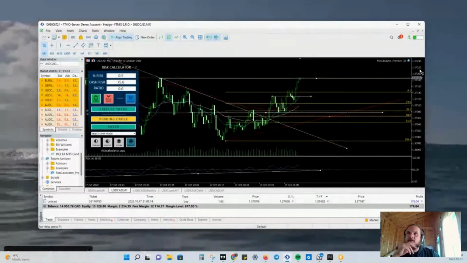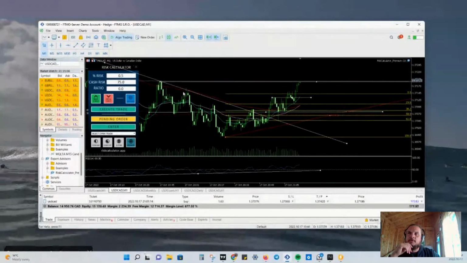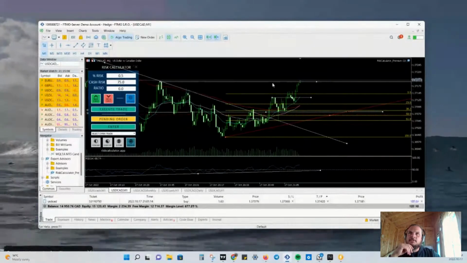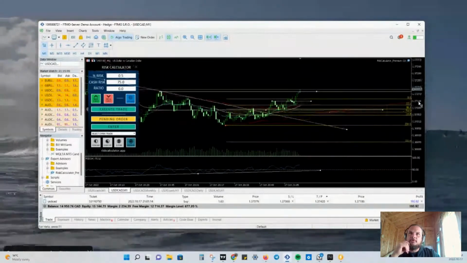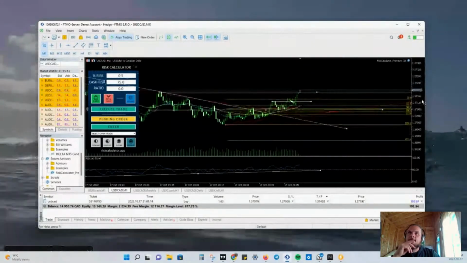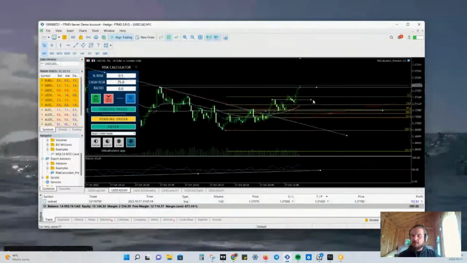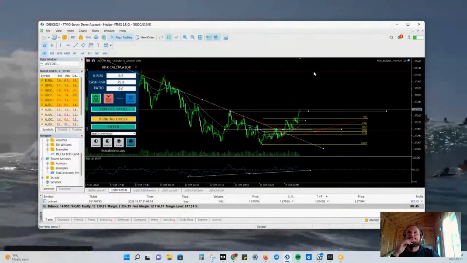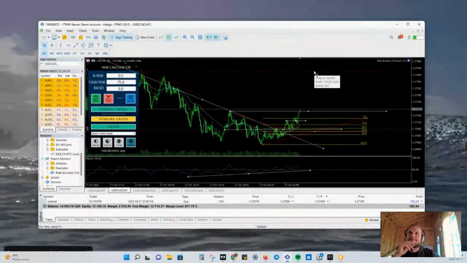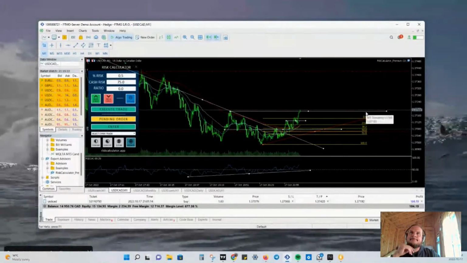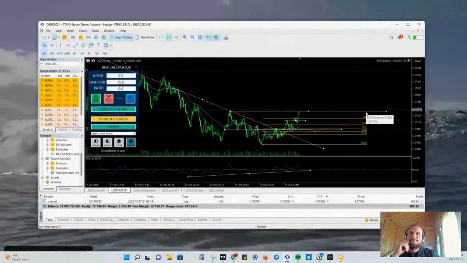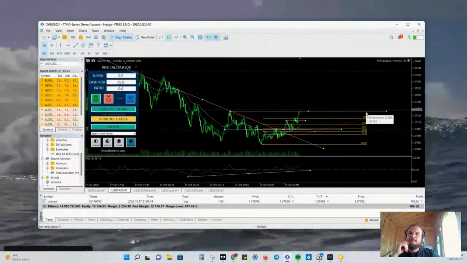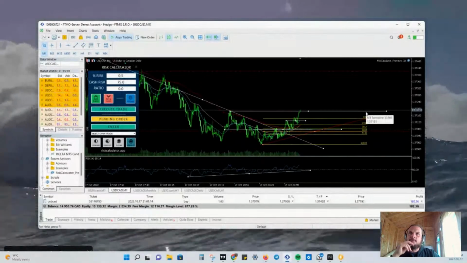Okay, we're at this possible supply zone. Let's see if buyers are going to push through it. Looks like it. Not too bad. It's good for me, pushing it.